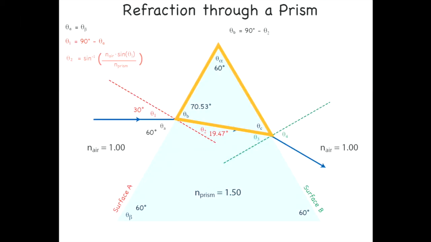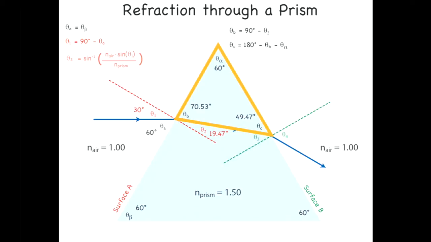Okay, so if that has to sum to 180 degrees, and I've just figured out what this one is, and I started by knowing what that one is, then it's pretty straightforward to figure out, okay, so theta b was 90 minus 19.47, and theta c is equal to 180 minus theta b minus theta a. We're almost there, right?